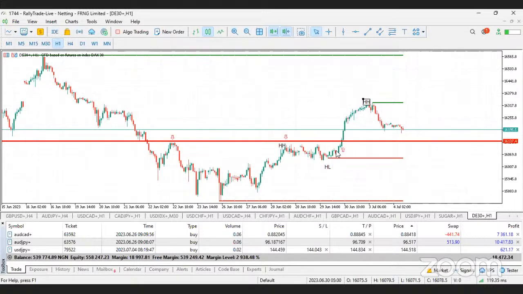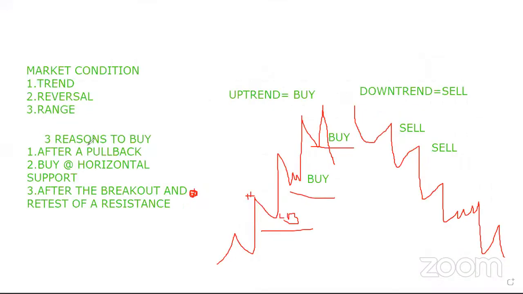And then one of our rules to buy is that anytime you want to buy, you need to wait for the breakout and retest of a resistance.